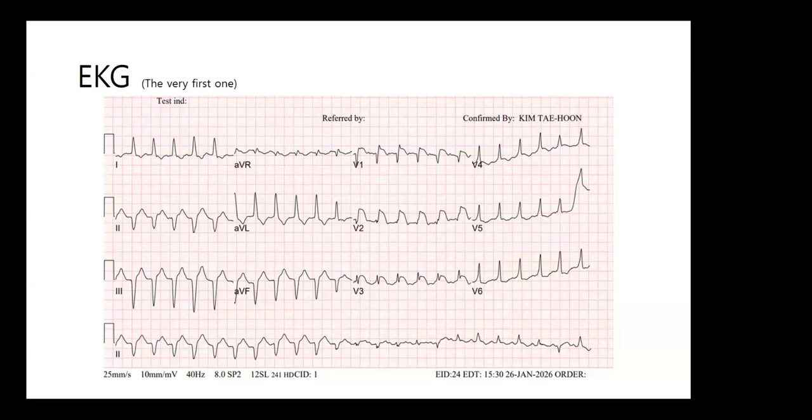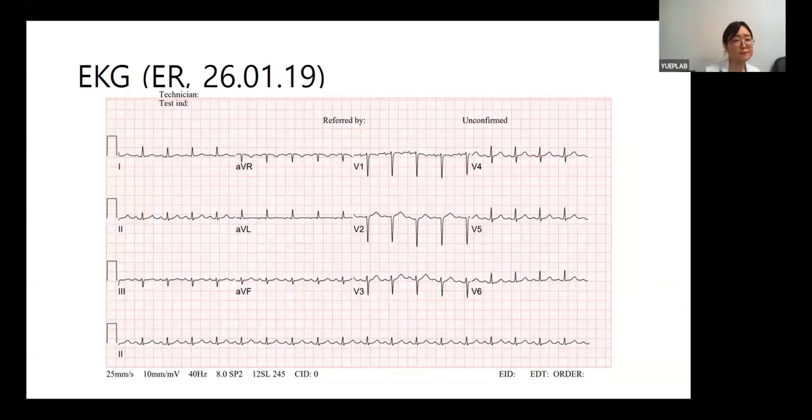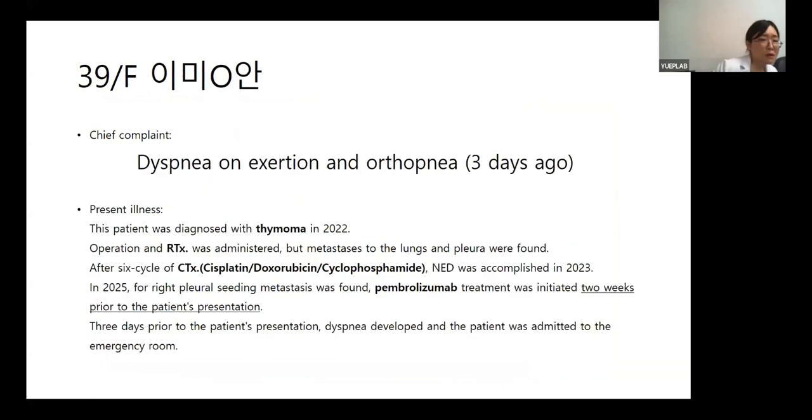Please let us know the history and the course of this patient. Okay, this patient was a 39-year-old female, and her chief complaint was DOE and insomnia, which occurred 3 days ago. She was diagnosed with thymoma 3 years ago, and an operation and radiation therapy were administered.